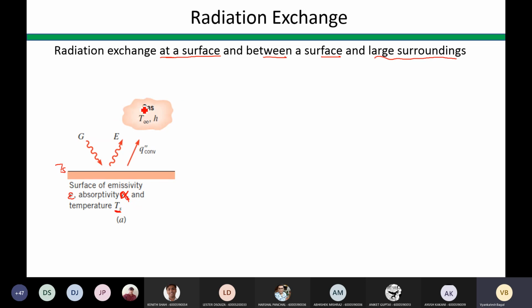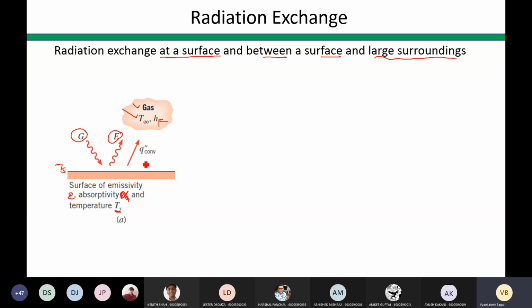And then the gas, which is at temperature T infinity, and the heat transfer coefficient is mentioned here, small h, right? Then G is the irradiation, meaning the total radiation which is coming to the surface. E is the radiation which is emitted by the surface. And apart from the radiation exchange, there can be convection taking place from the surface to the surrounding.